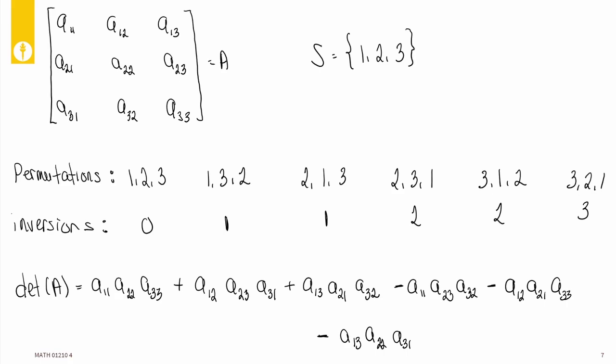I leave that for you. Actually, 4 by 4 is still too easy. Maybe I'll make you do a 5 by 5. How many permutations would a 5 by 5 have? 120. So it's going to be 120 terms in your determinant. There's your challenge. Come up with a formula for a 5 by 5 determinant using the definition.